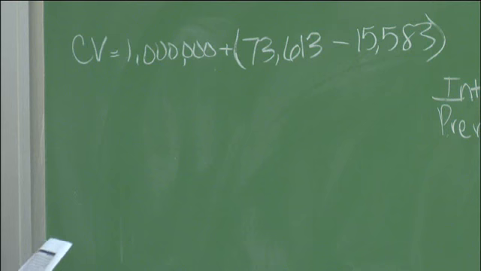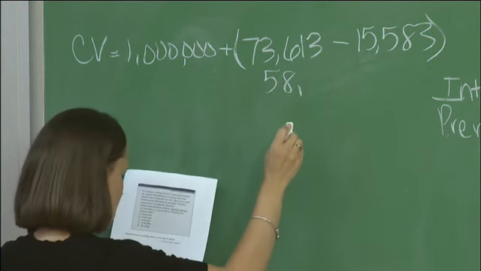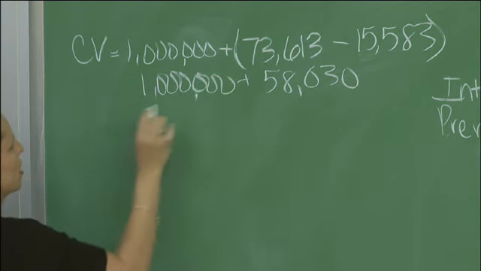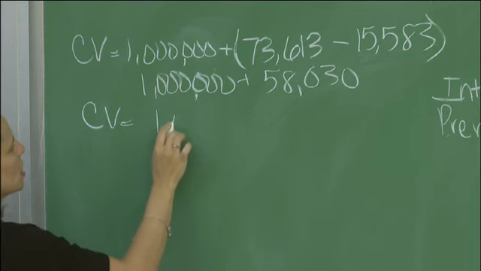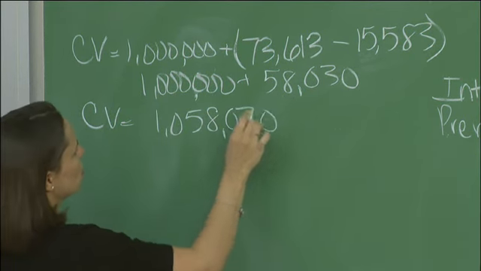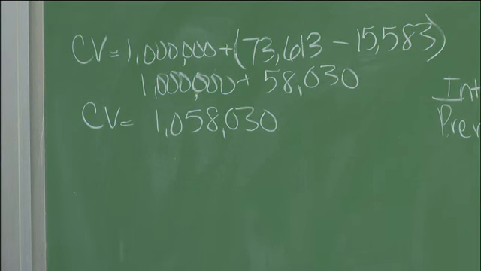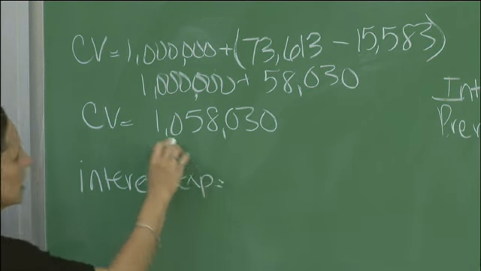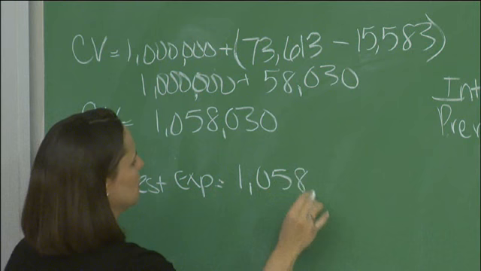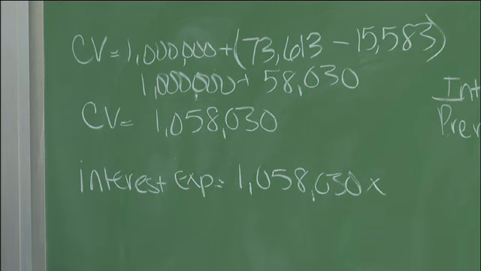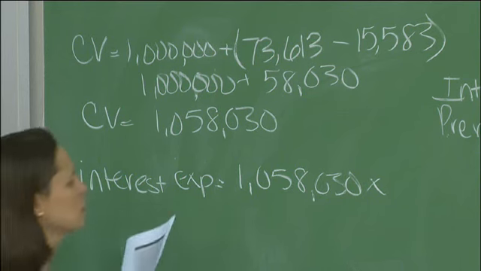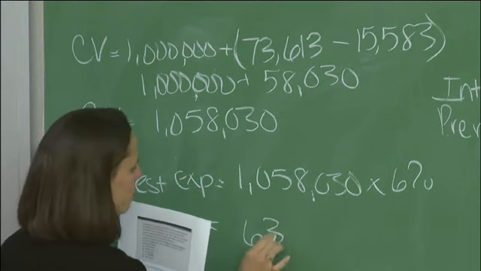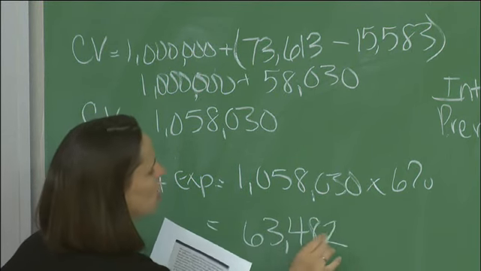So our unamortized premium is $58,030. Add that to our maturity value of $1 million, and carrying value is $1,058,030. So now our interest expense in the second period is that carrying value of $1,058,030 multiplied by the market rate of interest, which is 6%. So our interest expense is $63,482.